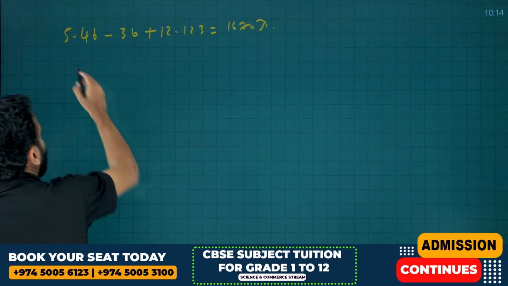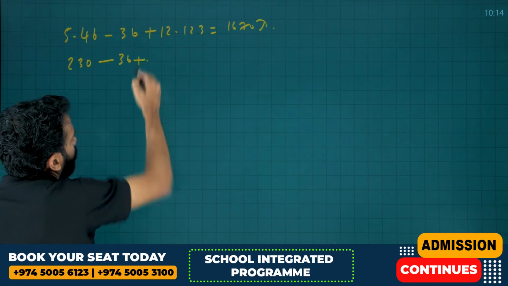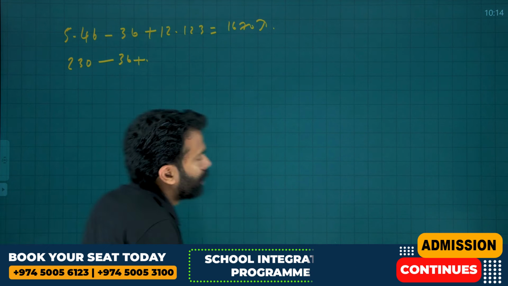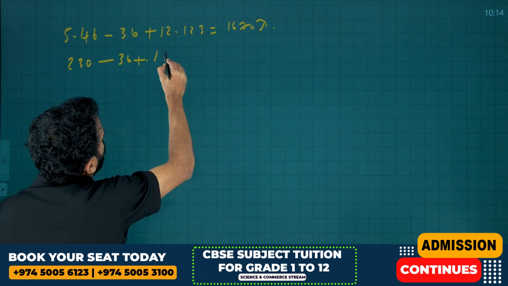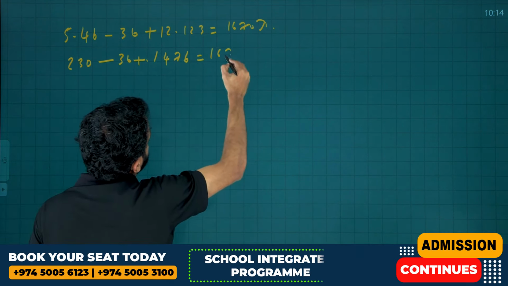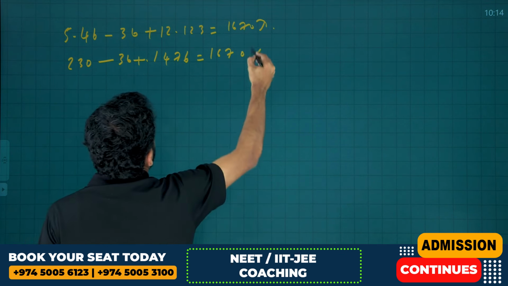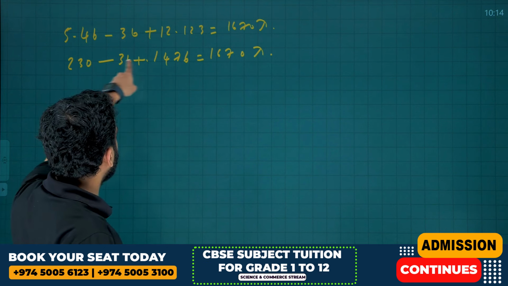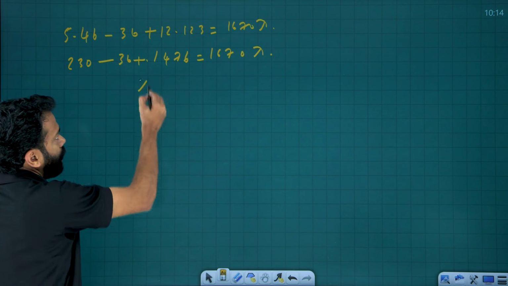And what is 5 into 46? That is 230, that is 230 minus 36 plus 12 into 123, that is 1476, is equal to 1670 lambda. And this will be 1440 and 1670, that is lambda is equal to what?